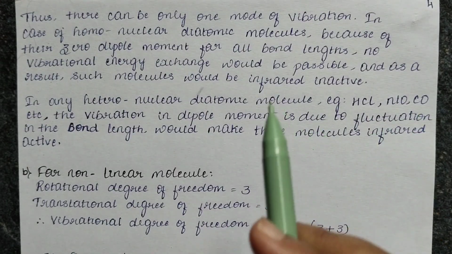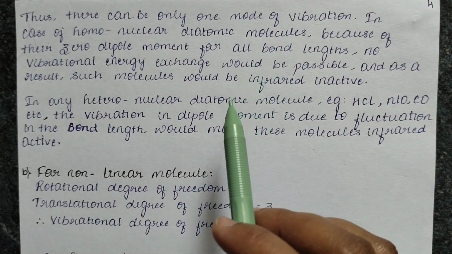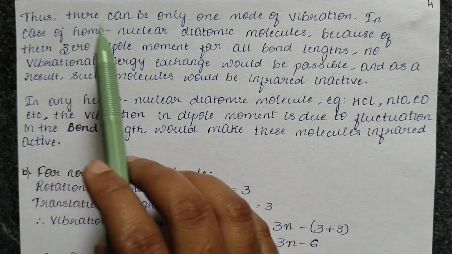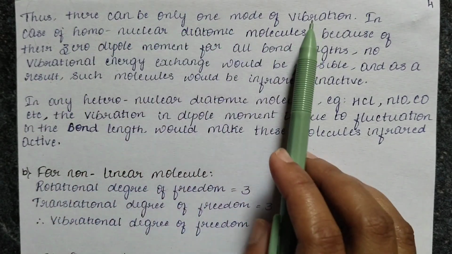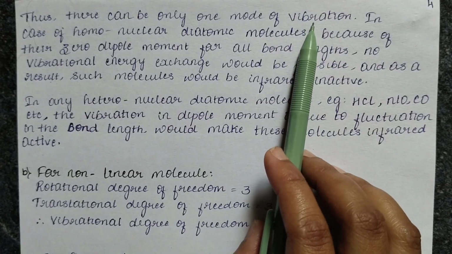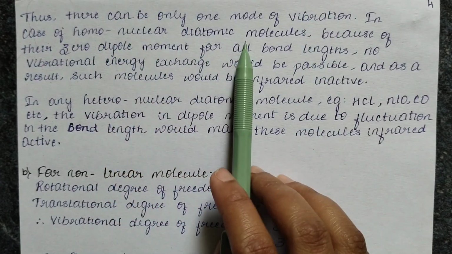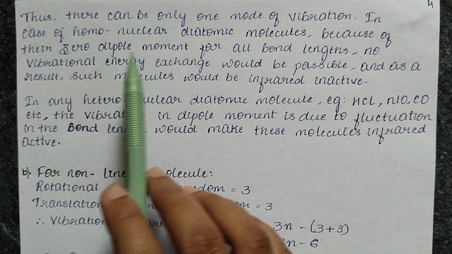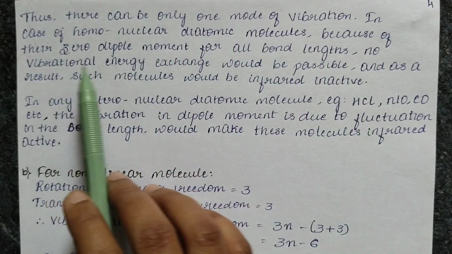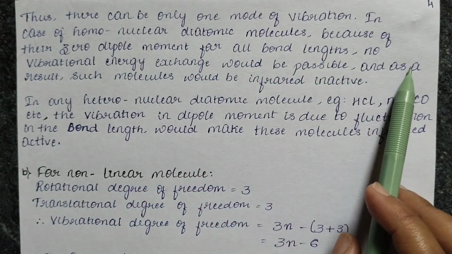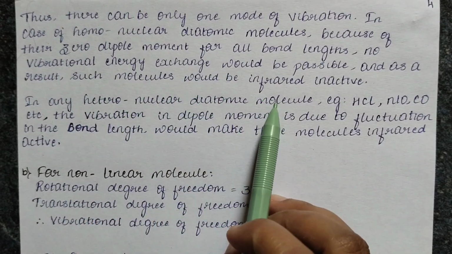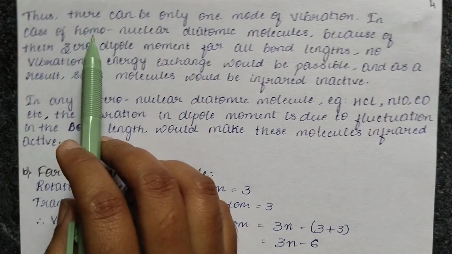But before that, let us see a few important notes for a linear molecule. Thus, there can be only one mode of vibration for a diatomic linear molecule. In case of a homonuclear diatomic molecule, because there is zero dipole moment for all bond lengths, no vibrational energy exchange could be possible, and as a result, such molecules would be infrared inactive. So what is a homonuclear molecule?